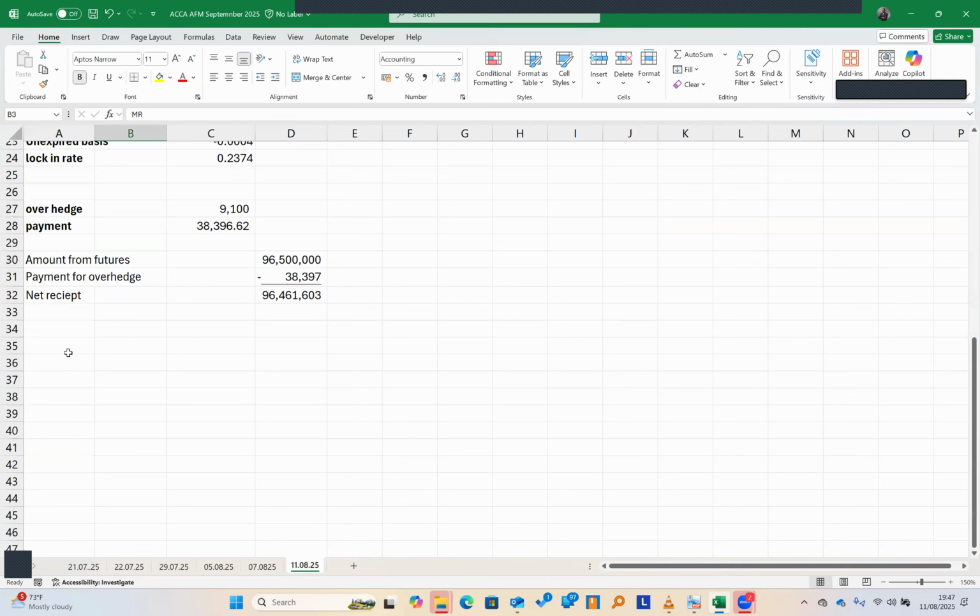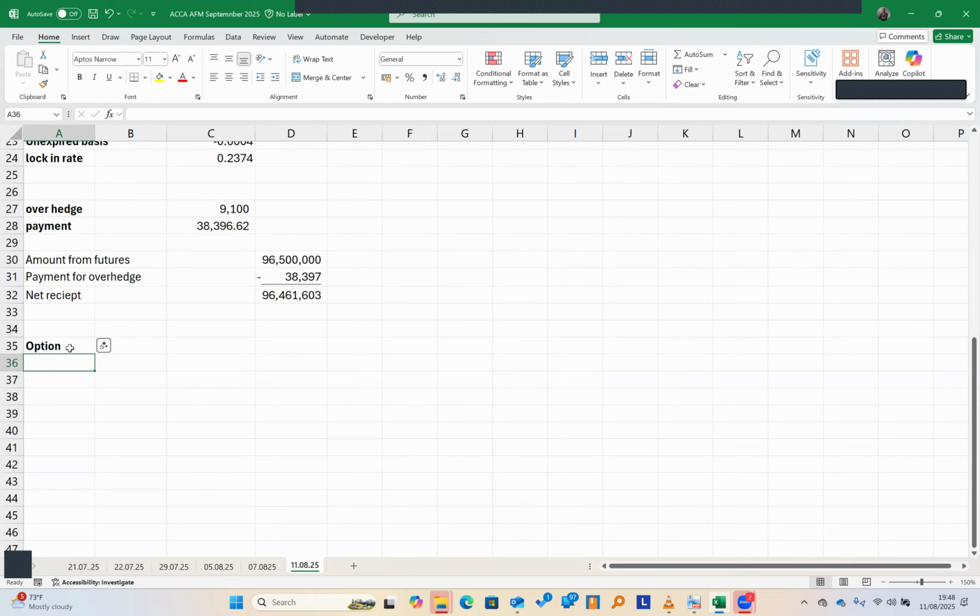Okay, now the next thing we have to look at is the option. The option, as we saw, gives you the right but not the obligation. Which means that, given that it gives you the right but not the obligation, you are able to exercise if things are favorable.